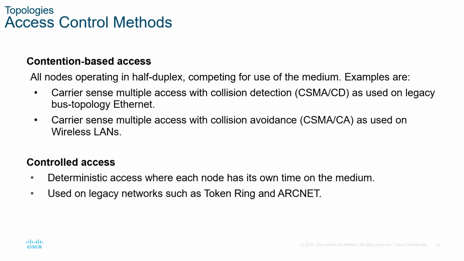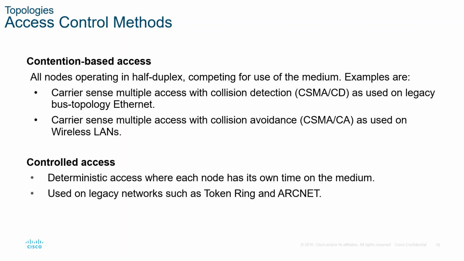And then we have the access control method, which is contention. There are two types, which are contention-based access and controlled access. I think I explained earlier, if the devices operate in half duplex, collisions will happen because they are competing for use of the medium.